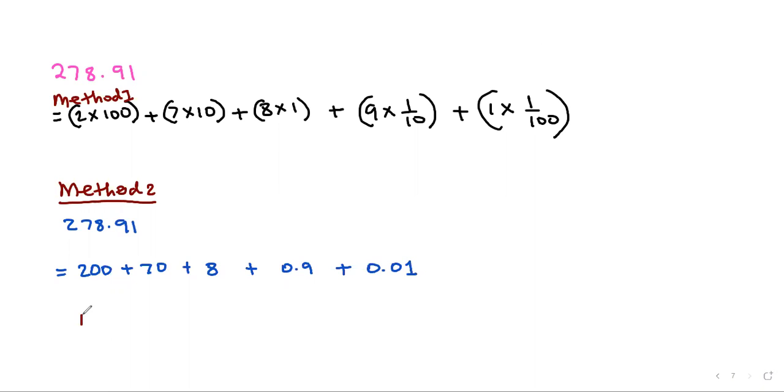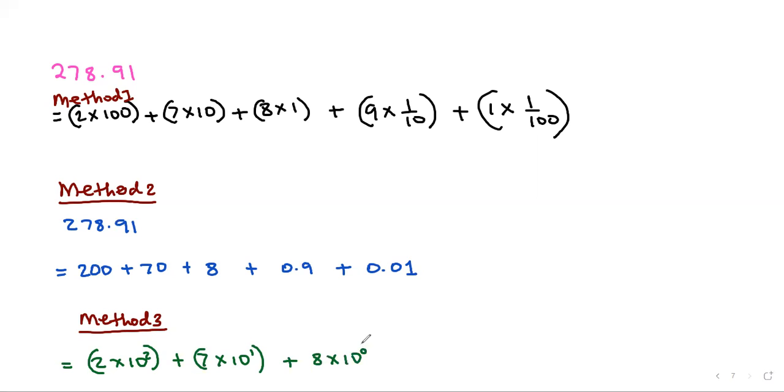Okay, another one. We want to use method number 3. Method 3, we want to use power. 2 times 10 to the power of 2 plus 7 times 10 to the power of 1 plus 8 times 10 to the power of 0 plus 9 times 10 to the power of -1 plus, who can tell me? 1 times 10 to the power of negative 2.